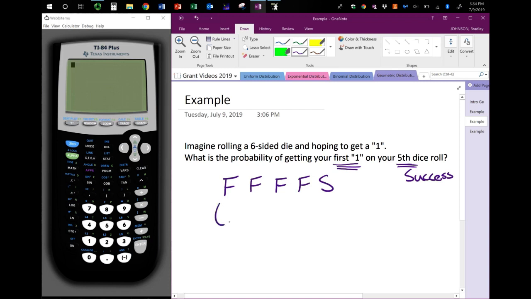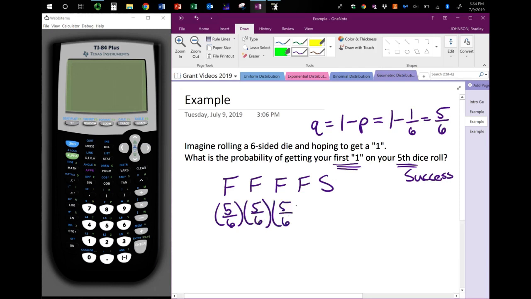So the probability of failure is really q, and q comes from 1 minus p. And that would be 1 minus 1/6. So rolling anything other than the 1 would be a chance of 5/6. So 5 out of 6 would be all of these. And then the probability of getting a success is 1/6.